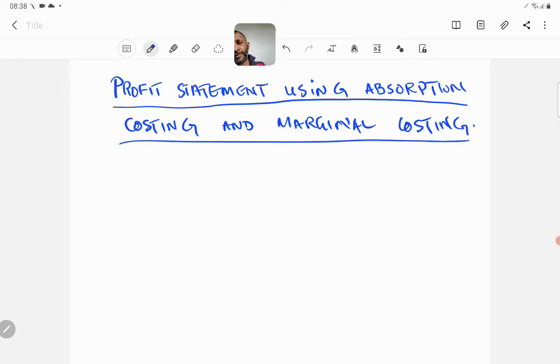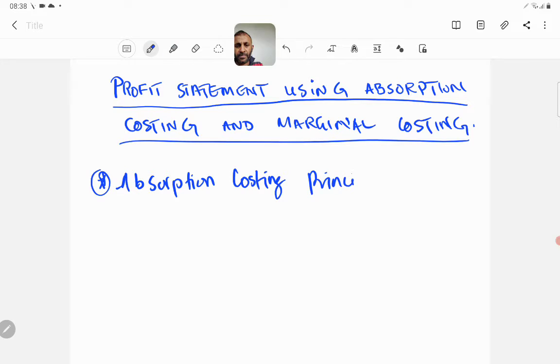Now, first we need to prepare the profit statement using absorption costing principles.